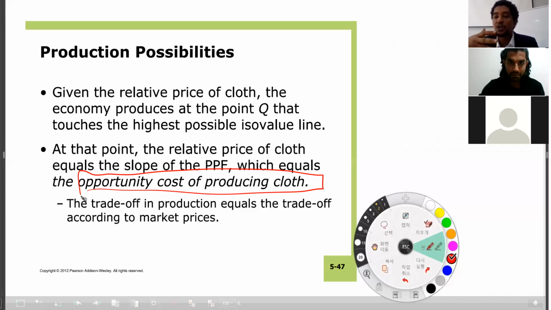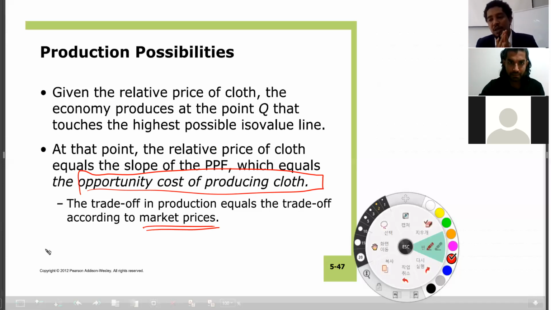Because when the opportunity cost is equal, then the producers will be indifferent, which means there is no difference between producing at home or importing those products from abroad. Okay, so when the trade-off or the opportunity cost equals the trade-off, then that will be the market price. Okay, so now we are considering a market economy, right?